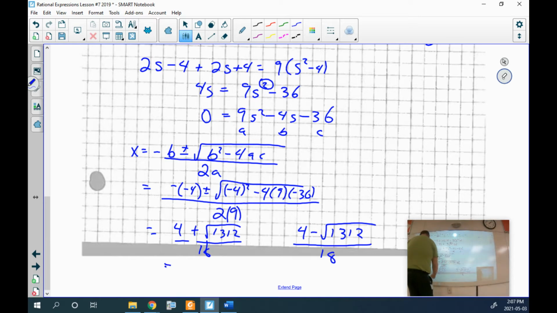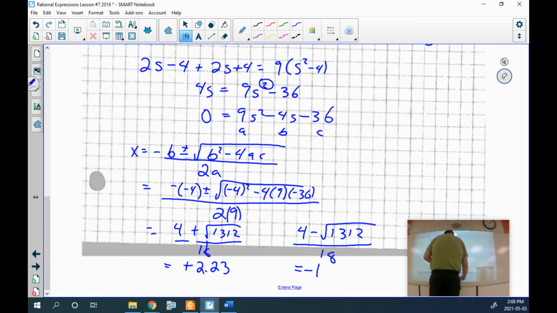So approximately we have positive 2.23 and negative 1.79.